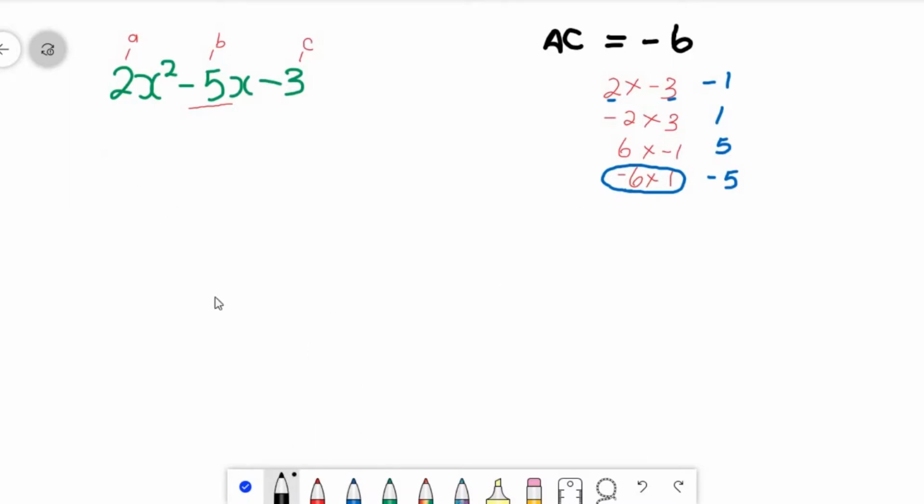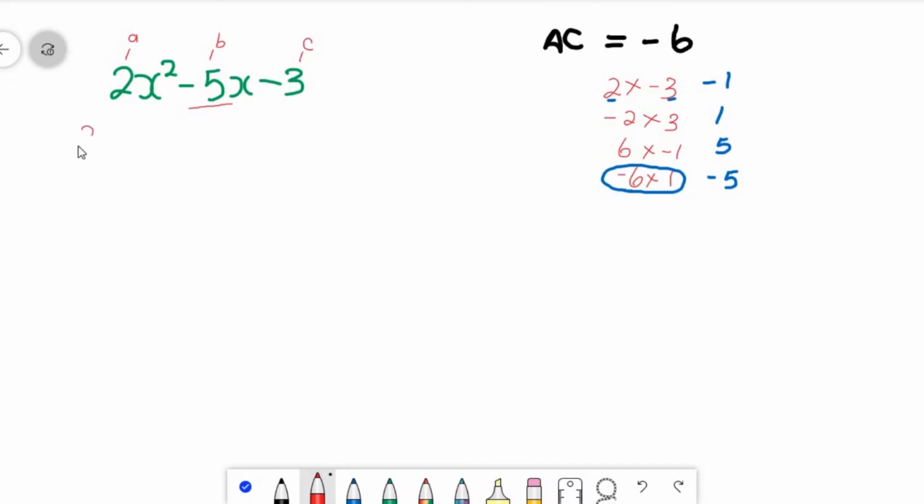The next step requires us to rewrite this expression. And instead of writing back negative 5x, we're going to use the two new terms, which is negative 6 and 1.